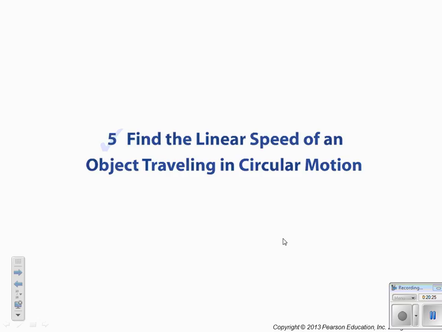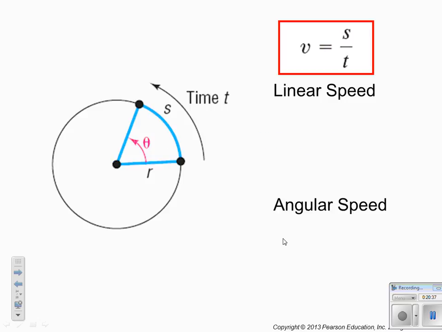All right, now we're going to find the linear speed of an object traveling in circular motion. This is how your car converts how fast your wheels are turning into how fast your car is actually moving. So the formula for linear speed is S over T. S is the arc length and T is time.